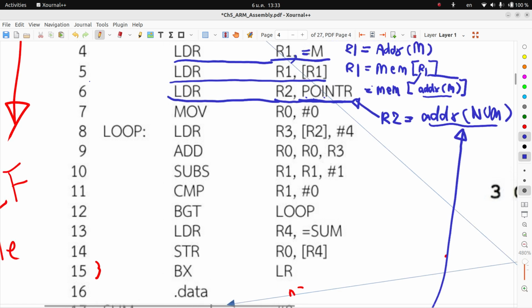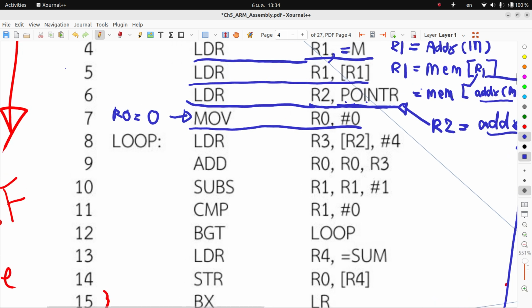Alright. Next, move R0, 0. That means R0 equals 0. Okay, I put on the left hand side. Next is called loop. It is just a label name.